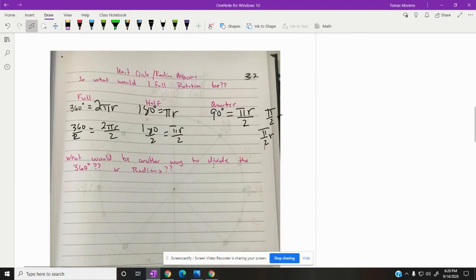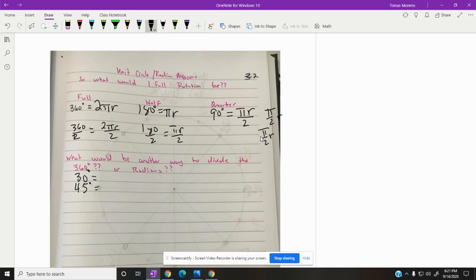What would be another way to divide 360? So we did halves, right? We did divided by two, but there's multiple ways of doing this. The reason I want to get into this is because we're going to need to know how much 30 degrees is in radians. We're going to need to know 45 degrees.